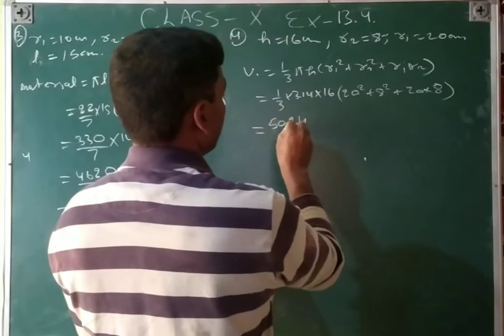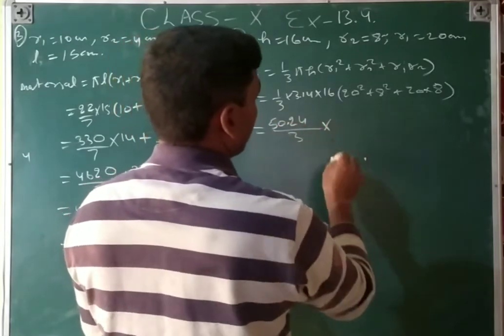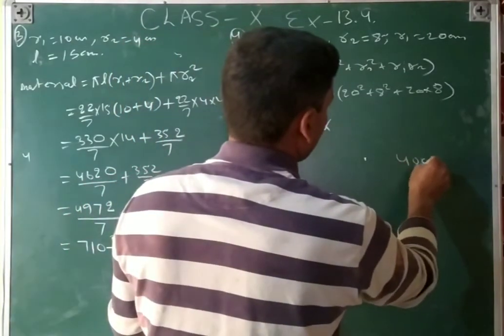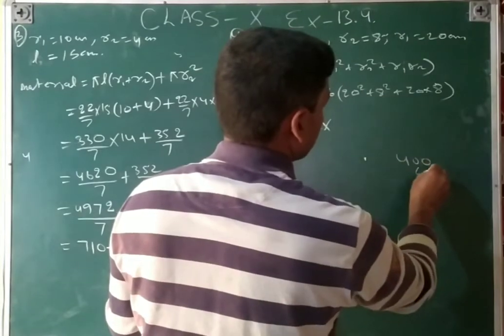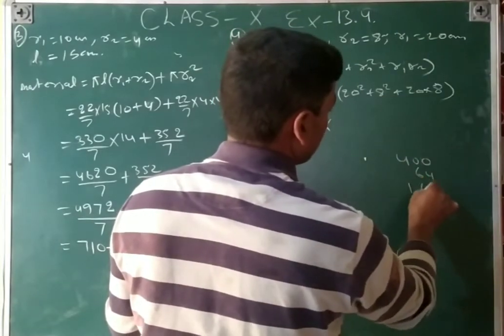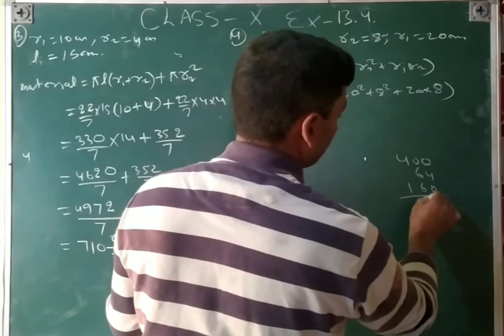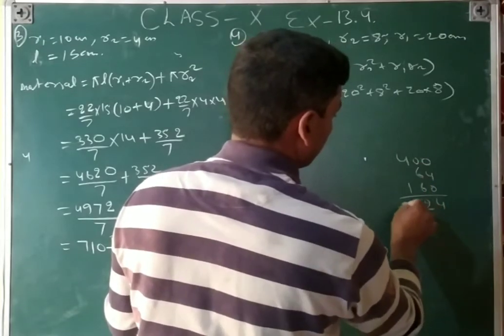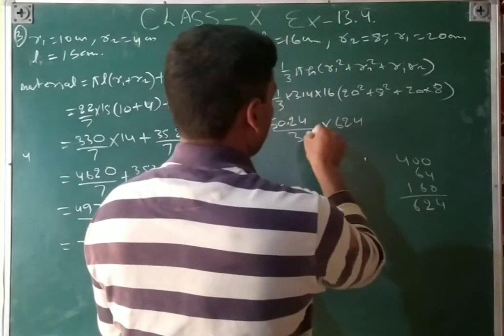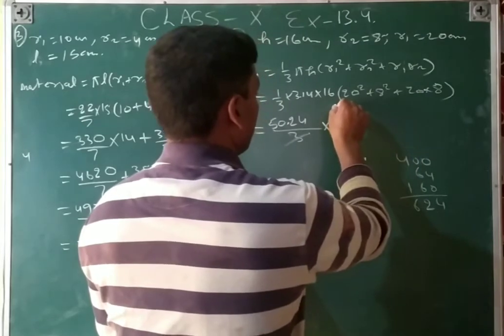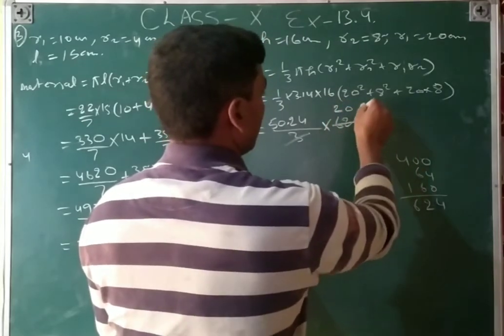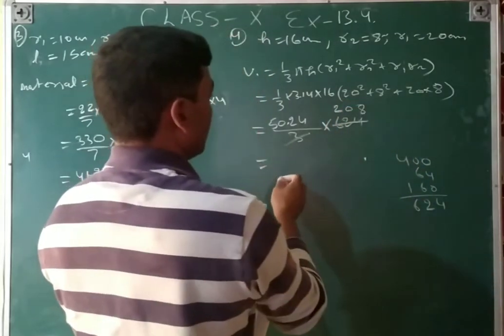And then decimal upon 3, multiply 20 into 20 is 400, 8 into 8 is 64, 8 into 20 is 160, and then we add, so that multiply is 624.